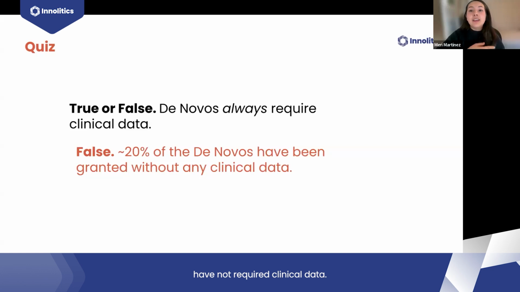So this means that not all de novos will need clinical data. On the other hand, some 510Ks will need clinical data. So whether it's a 510K or de novo is not something that would right away let you know if clinical data is necessary, which might be a misconception that some of our clients have sometimes.